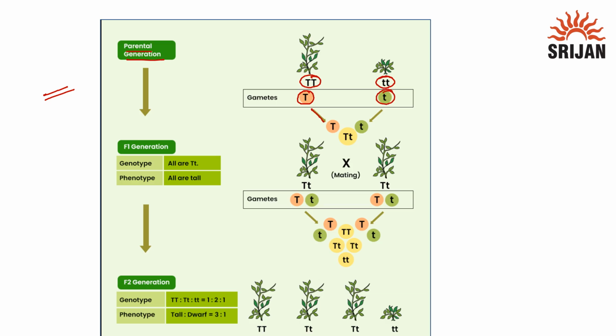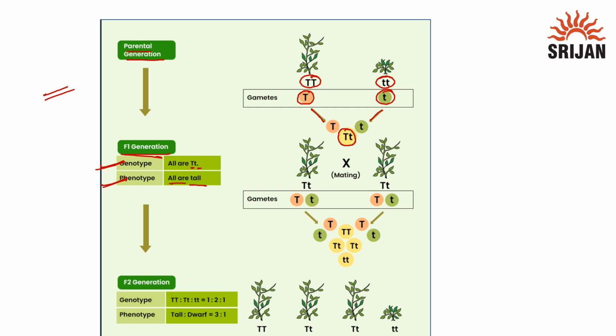Now after the fertilization, we are able to see that all the plants of first generation, that is the F1 generation, are going to have a combination of capital T and small t, but the visible character is going to be tallness. So all the plants of the first generation are going to be tall. So here we can see genotype, that is capital T and small t, whereas phenotype is going to be all the plants are tall.